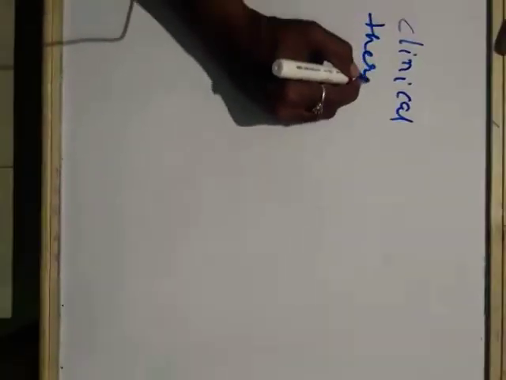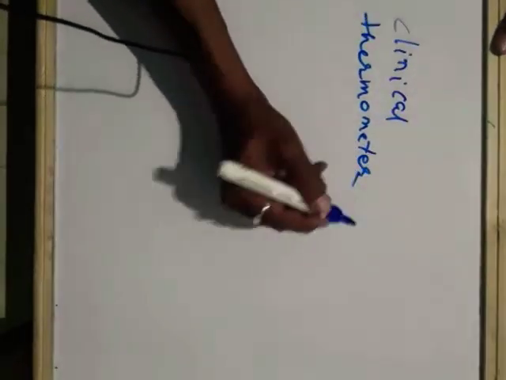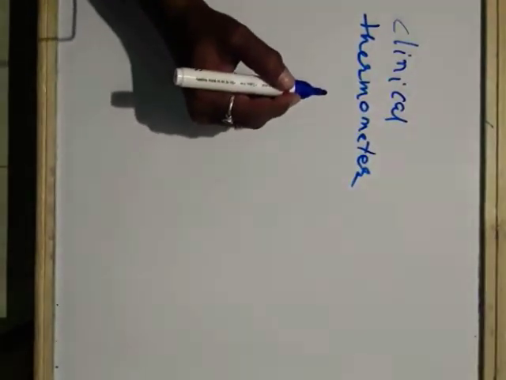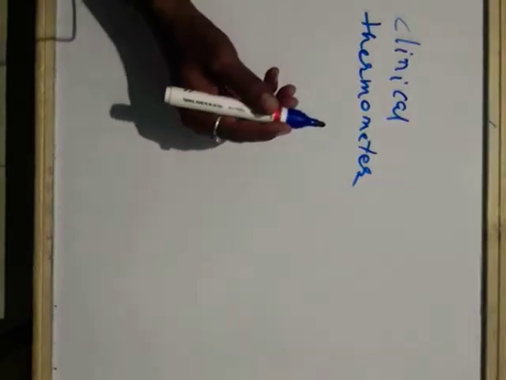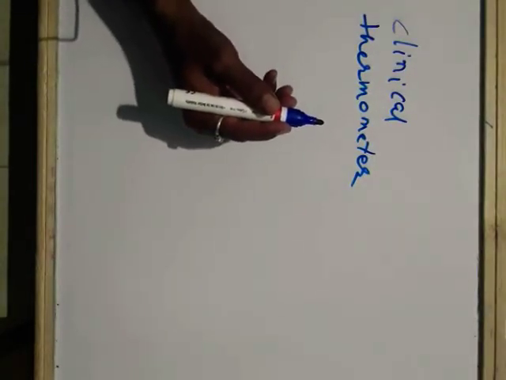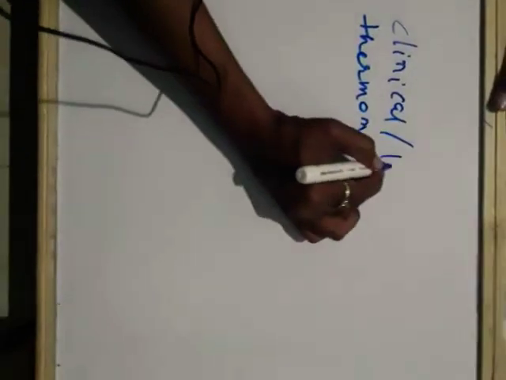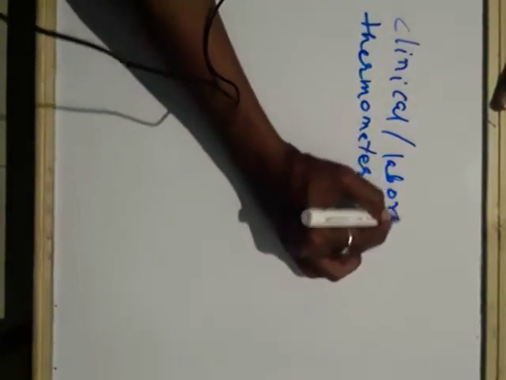Good morning, children. So today we'll continue yesterday's chapter on heat. Yesterday we studied two types of thermometer. One is the clinical thermometer and another is the laboratory thermometer, which we generally use.